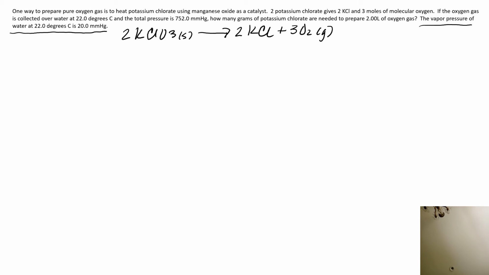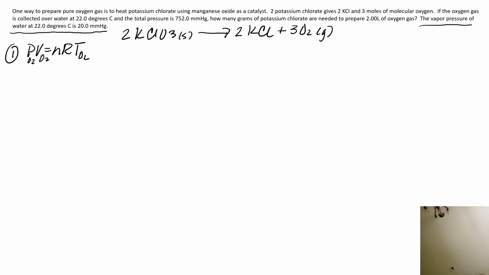So we need to use the ideal gas law in the first step of this problem. So we're going to use PV equals nRT. Keeping in mind, this is P of O2, V of O2, T of O2. So there are a couple of things we have to do here.